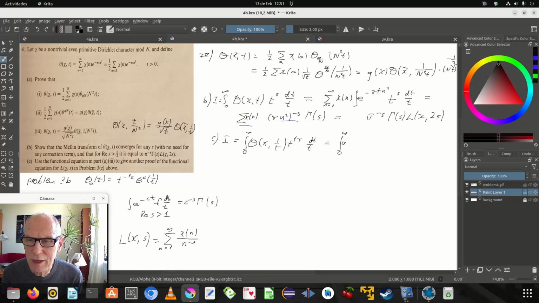Oh, we get a g of chi, and then 1 divided by square root t, that's t to the half minus s, times theta of chi t, oopsie, yeah, t divided by n squared.